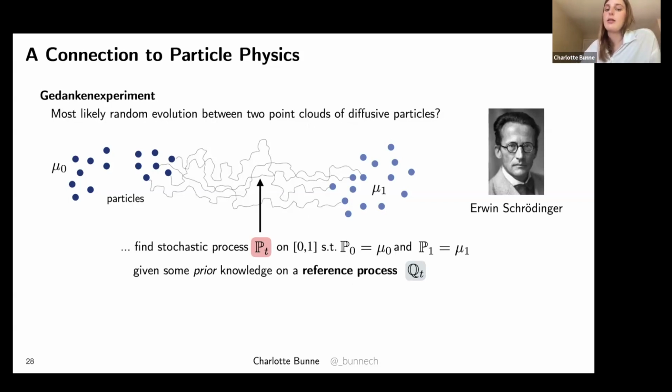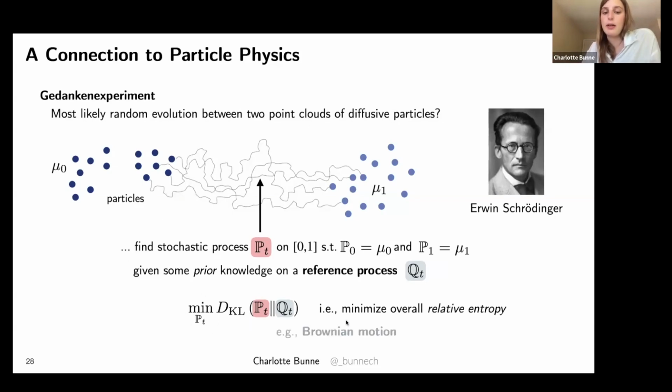So here, this could be something like Brownian motion. And it has a similar notion as the assumption of which type of cost function I'm going to use, which we had in the earlier example of optimal transport. Now I'm looking for the stochastic process that minimizes the overall relative entropy, given some understanding or some prior on the reference process, here mostly chosen as a simple Brownian motion.